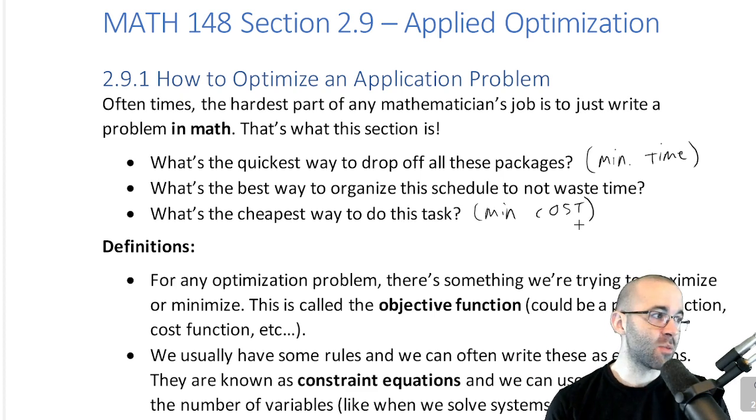Okay, and this really goes into a big, long rabbit hole. We're going to be doing some simple functions. But in reality, we have really complicated functions with lots of variables, lots of inequalities.